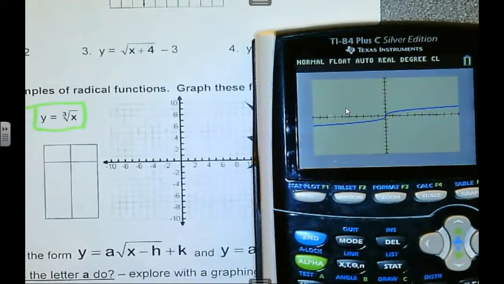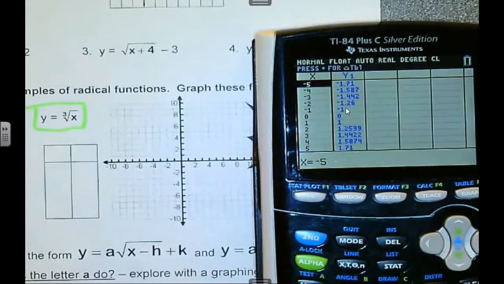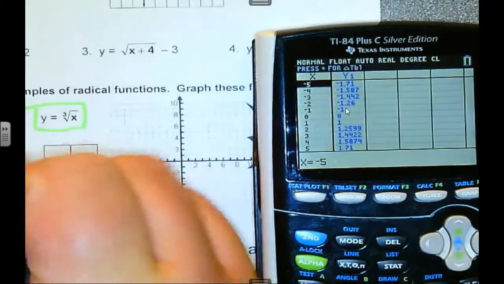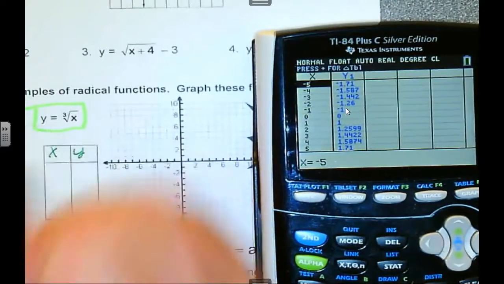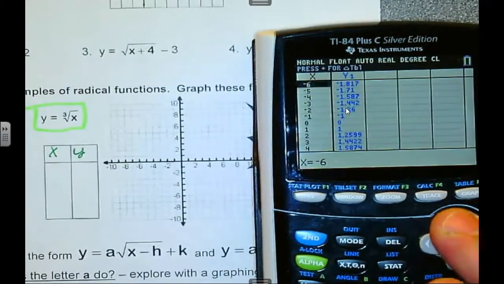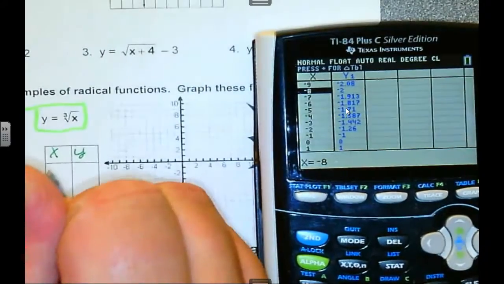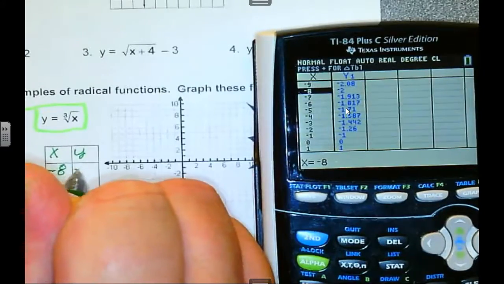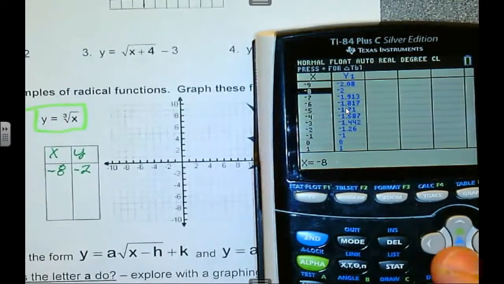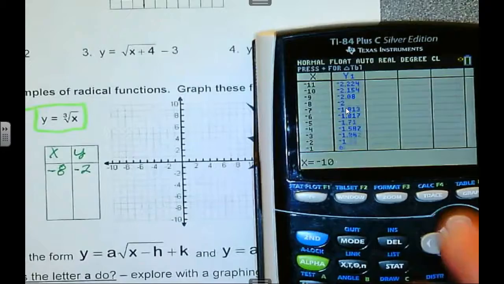Let's get some points. Now these are kind of hard to graph, so try and get as many points as you can. Second graph, x, y. Oh, there's a whole number. -8, -2.